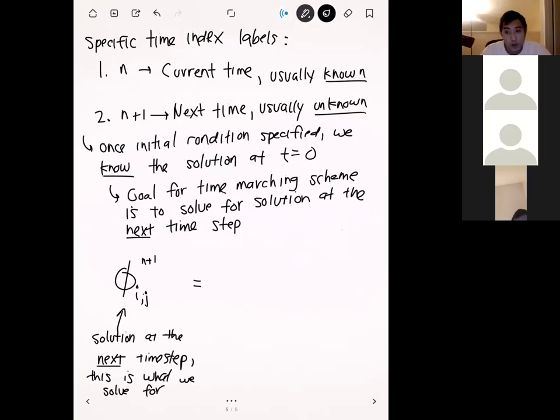When we implement our time marching schemes, they're explicitly designed to solve for the solution at the next time step. The way that we're going to do this is we're going to take the solution at the current time. This right here is the solution at the current time, and I'll remind you that the solution at the current time is known.